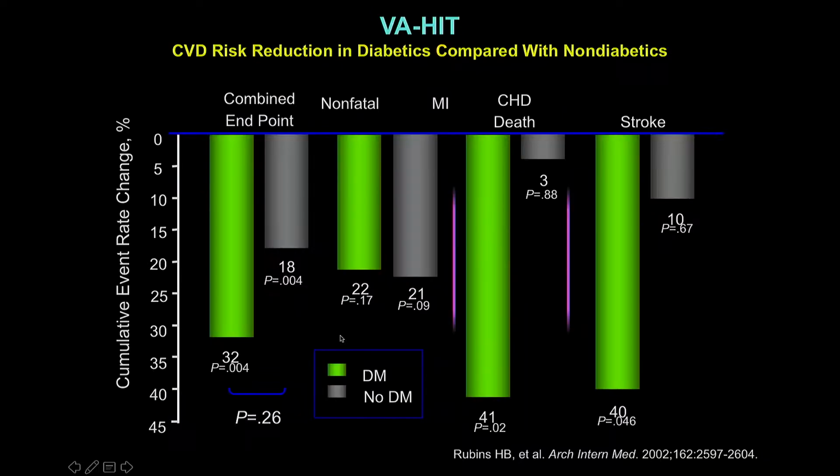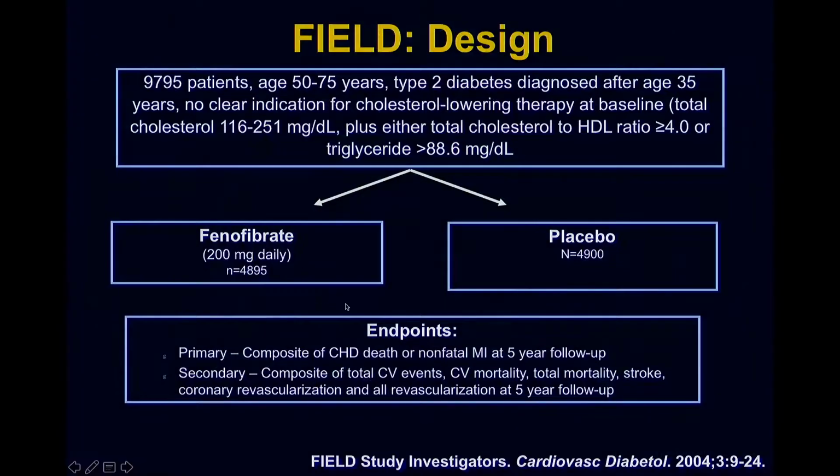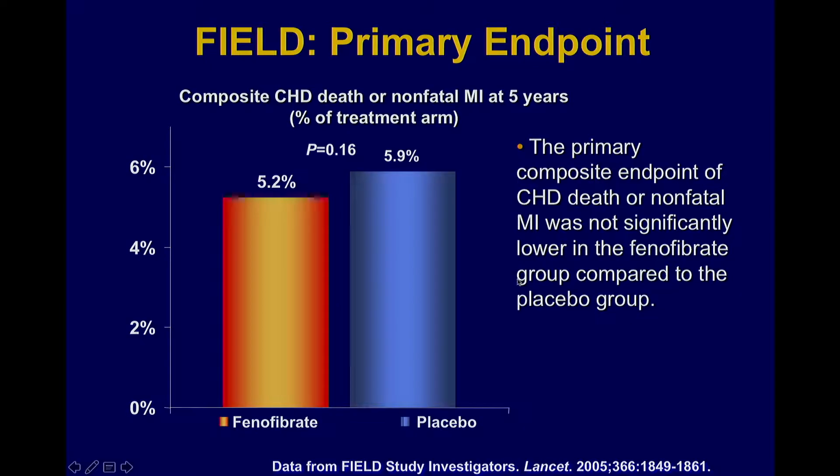And analysis of VA-HIT suggested that the benefit was really driven by the patients with diabetes. And so this prompted the idea that perhaps fibrates should be first-line therapy in patients with diabetes. The FIELD study examined another fibrate, fenofibrate, in a cohort of 9,800 patients, all of whom had type 2 diabetes. And that was a negative study, did not show a benefit.